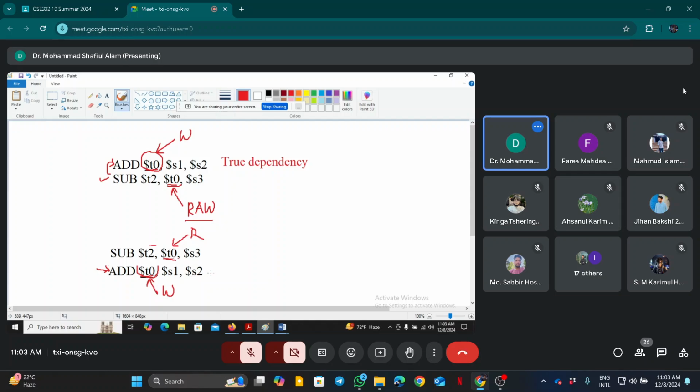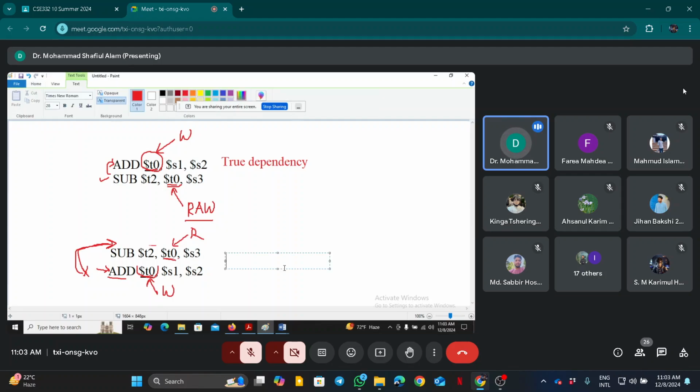And if this instruction is processed ahead of this one, in case of processors allowing out of order execution, then there would be a hazard. We have a name for this one, and this hazard is called anti-dependency.